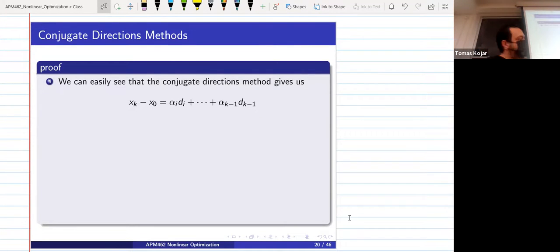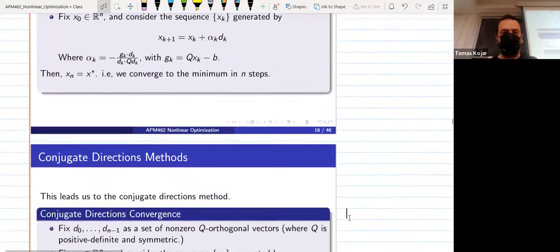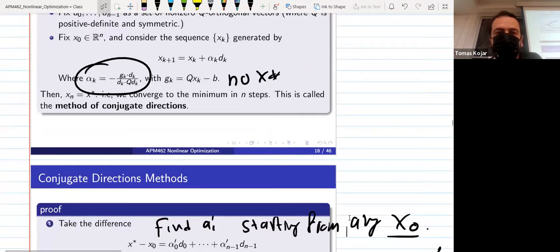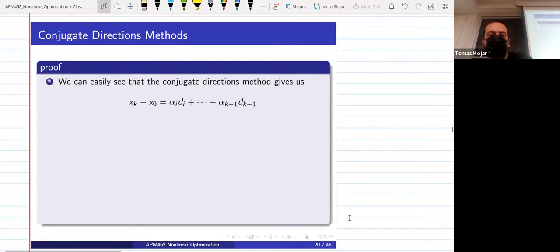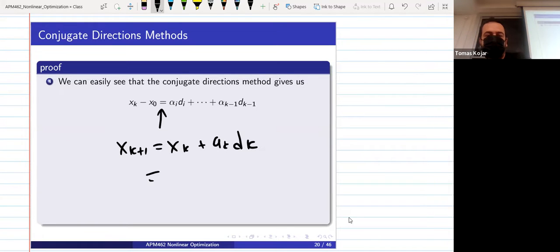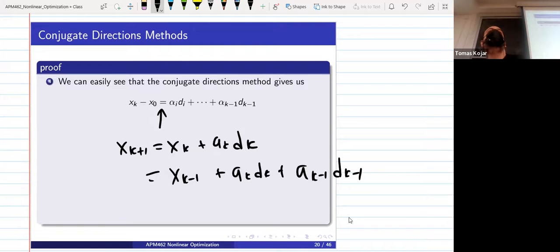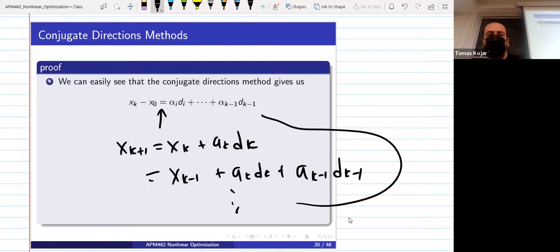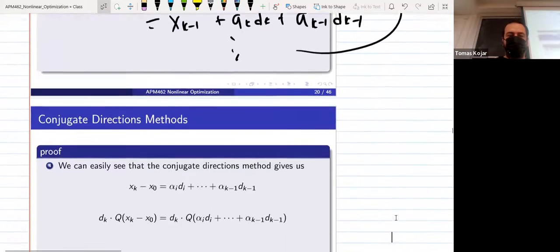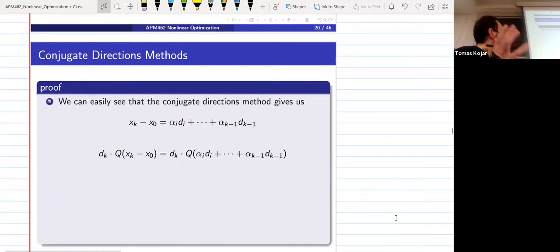So we had this. Let me write it down here. How do I get this step? x_{k+1} is equal to x_k plus a_k d_k. Do the previous one, so x_{k-1}, a_{k-1}, d_{k-1}, right? And you keep doing this, and you get this guy. All right, same game, nothing different.